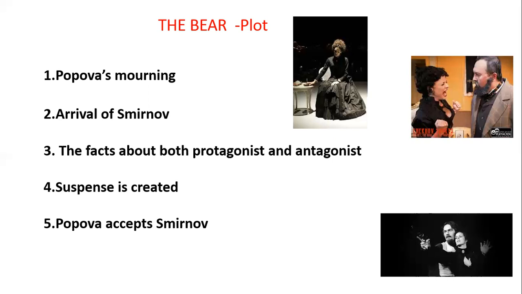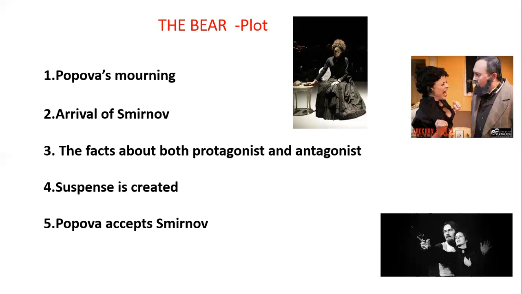Why? On the basis of her social status. Now he understands her class. Then he changes his mind and he demands money. But Popova agrees to pay, but he stays there because of his infatuation with her. He was starting to love her.